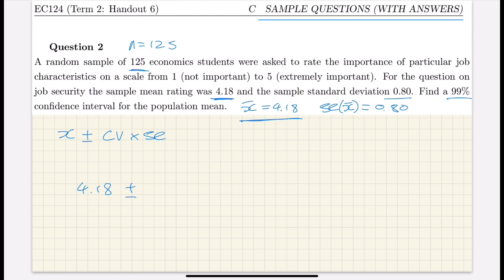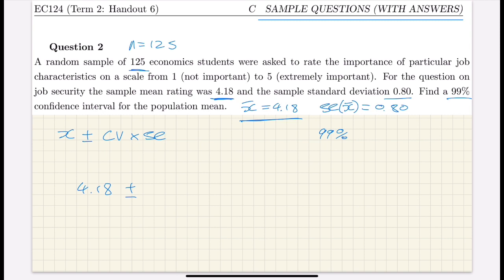We know that this sample has 125 observations, so it can be a t distribution or a normal distribution, because when the sample size is large enough, it's basically the same. And from here we can look at the table for the normal distribution, and we also know that we are asked to find the 99% confidence interval.